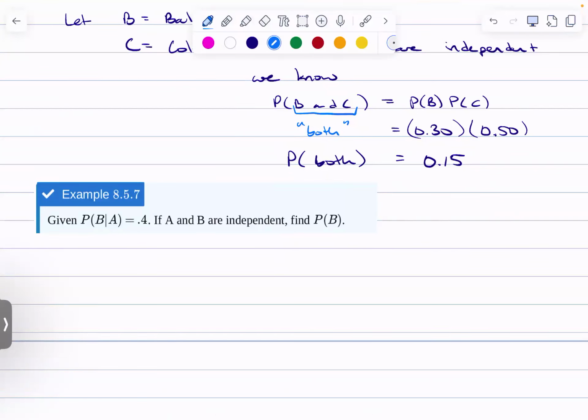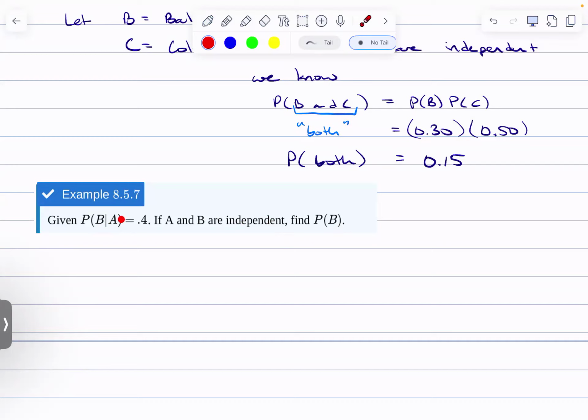If we're told that the probability of B given A is 0.4, but we're also told that A and B are independent, then what's the probability of B? Well, if A and B are independent, B doesn't care about A happening, right?